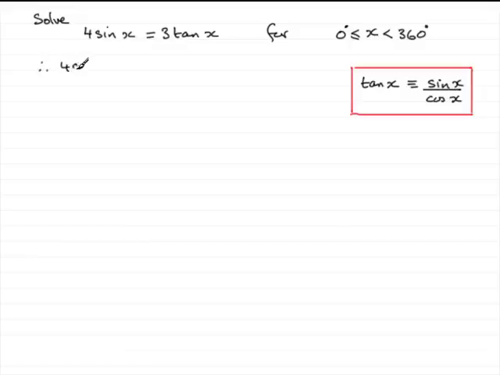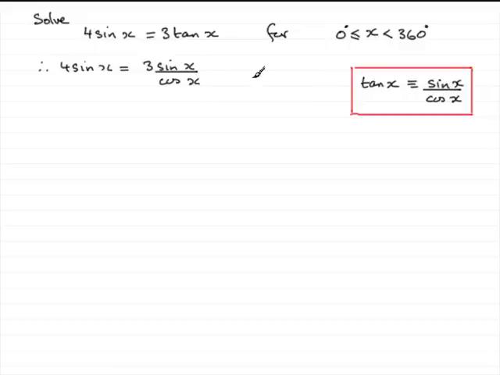We've got 4 sine x, and then 3 tan x becomes 3 sine x over cos x. Well, that looks like we still haven't achieved anything because we've got different trig functions still. We've got sine x and we've got a cos x.